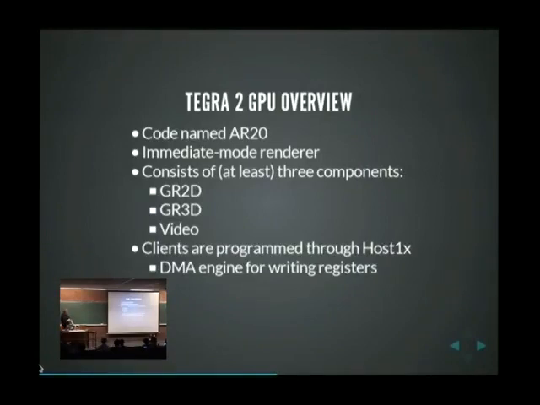I don't really know the specs of that. These components are programmed through something called host1x, which is a DMA engine for writing registers to the GPU, so it drives the GPU. And it has a proprietary OpenGL driver, which is useful for reverse engineering.